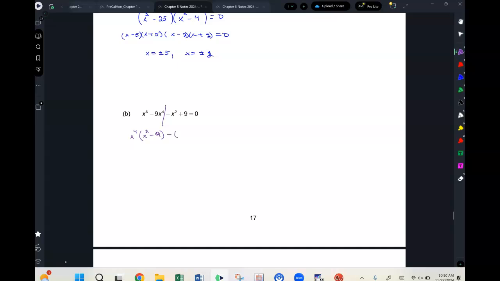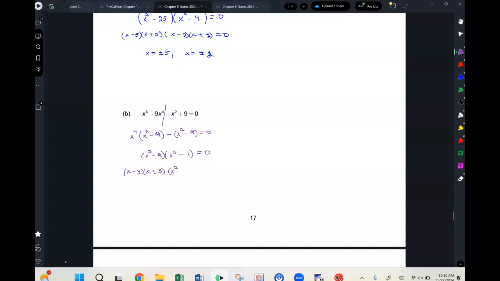Just a negative, x squared minus 9 equal to 0. So the common term is x squared minus 9. Write that off to the side. And then I have x to the 4 minus 1. Factor further. I know you can all solve it from here, but please factor because you're told to factor.